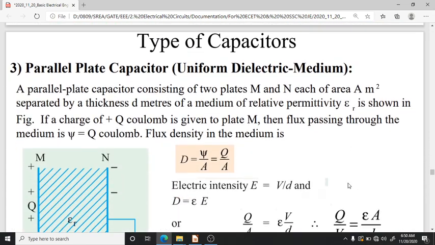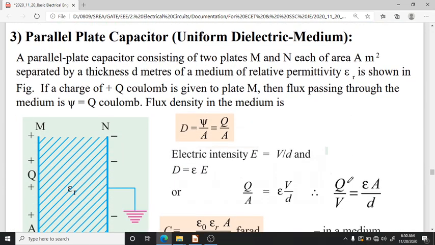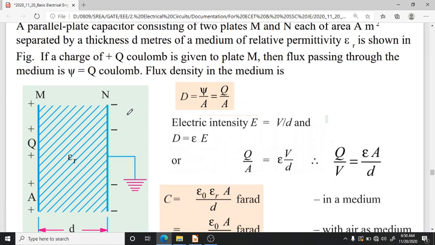Next type of capacitor is the parallel plate capacitor, which is a widely used capacitor, with a uniform field. Flux density is flux divided by area, and another unit of flux is charge, so D equals Q by A. Electric field intensity E equals V by d, and D equals permittivity into E. Based on this, Q by V is nothing but capacitance.